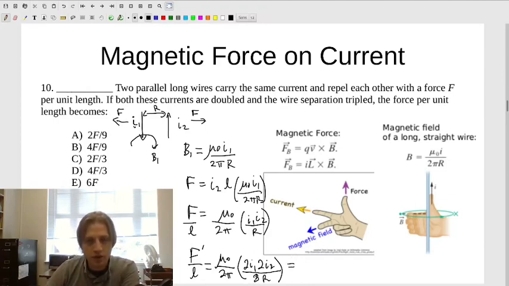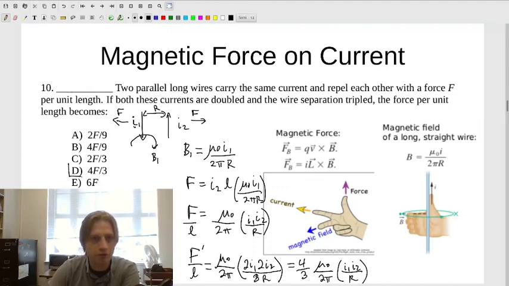And so this would give me 2 times 2 over 3, which is 4 over 3 times what we just had before: mu naught over 2 pi times I1 I2 over R. So this would just be 4/3 times that original force. It's not too bad if you write it out, but it's probably not one that you could just guess without doing a bit of work.